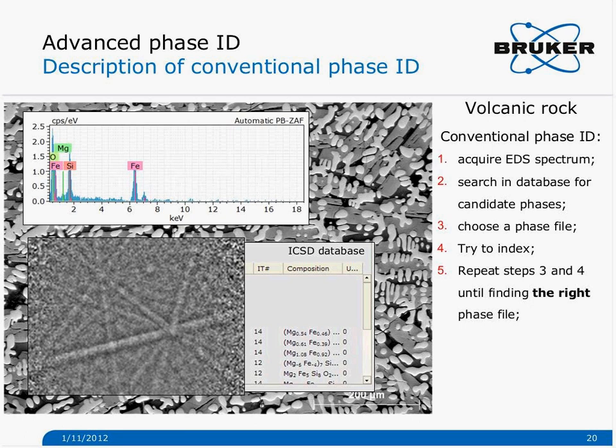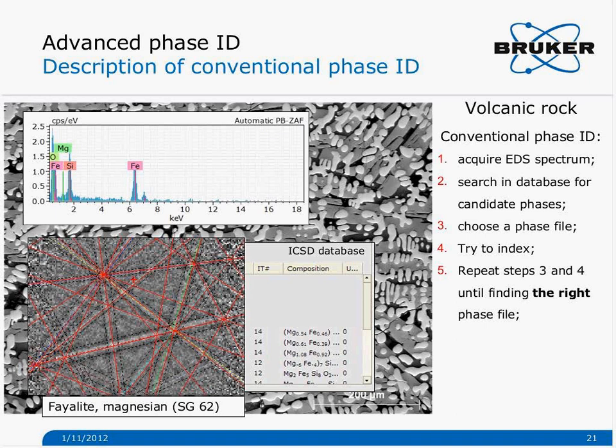And if no solution or only a very poor solution is found, then steps 3 and 4 have to be repeated until a phase file is found that gives a decent solution. In this particular case, we found this spectrum and pattern to fit fayalite magnesium, so fayalite with a little bit of magnesium present.